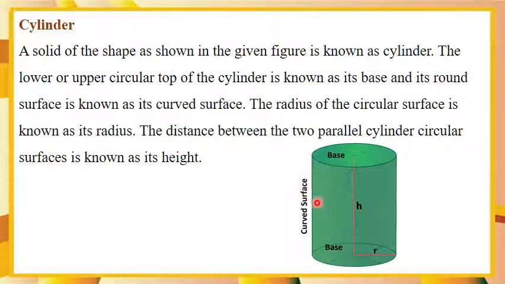The distance from the center to the edge of the circular surface is called the radius, denoted by r. The distance between the two parallel circular surfaces is known as its height. From one base to the other base is called the height of the cylinder.